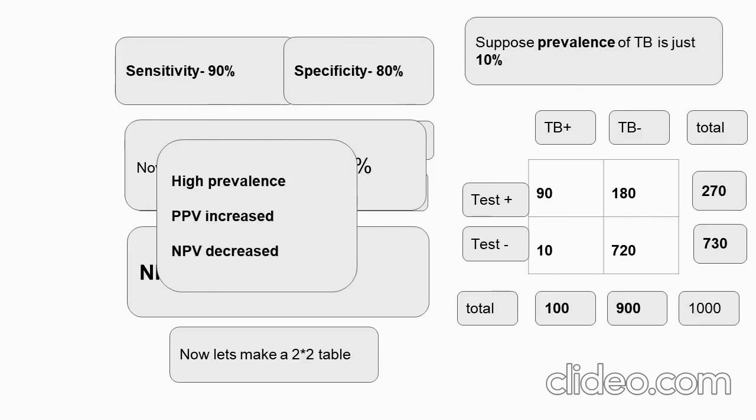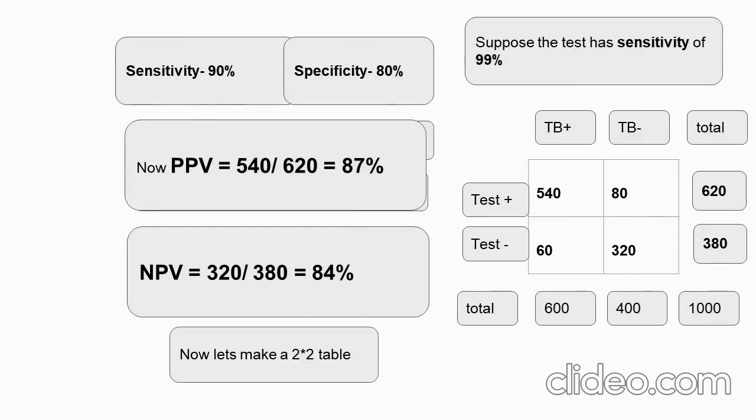Now let's see the effect of sensitivity on PPV and NPV. Suppose the sensitivity increases to 99%. Let's fill the 2-by-2 table with 80% specificity and 60% disease prevalence. You can see that PPV changes only little, while NPV now increases to 98% from 84%.